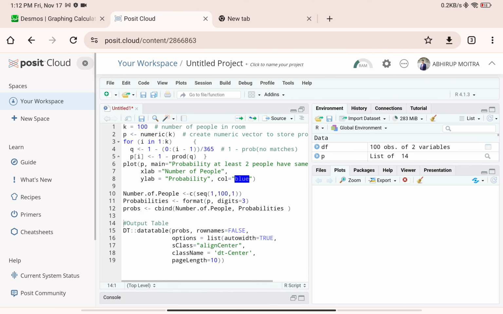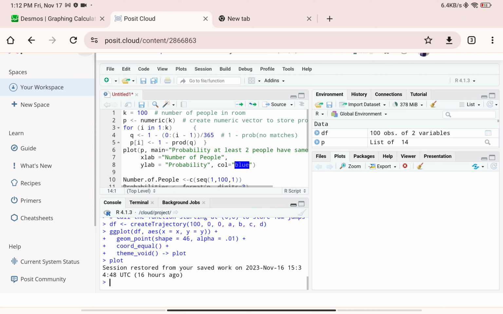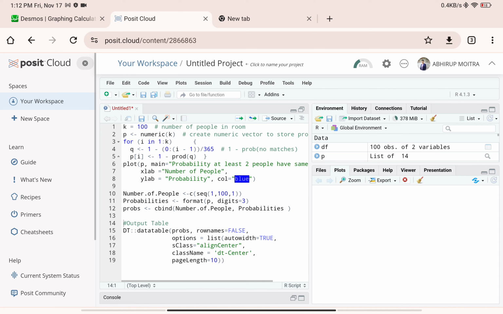I have modeled the number of people in the room, k equals 100. You can choose as per your requirements. So the number of people in the room is 100. Now I have created a numeric vector p, where all the k values can be stored.